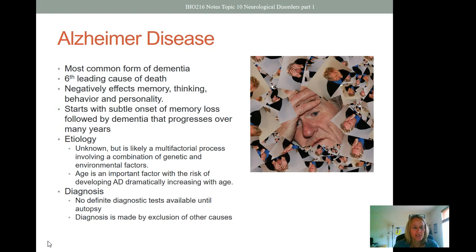The etiology is unknown, but it's thought to be a combination of genetic and environmental factors. Age is also a very important factor, as the risk of developing Alzheimer's dramatically increases with age. There is no definitive diagnostic test available until autopsy. Rather, diagnosis is made by excluding other possible causes of dementia.